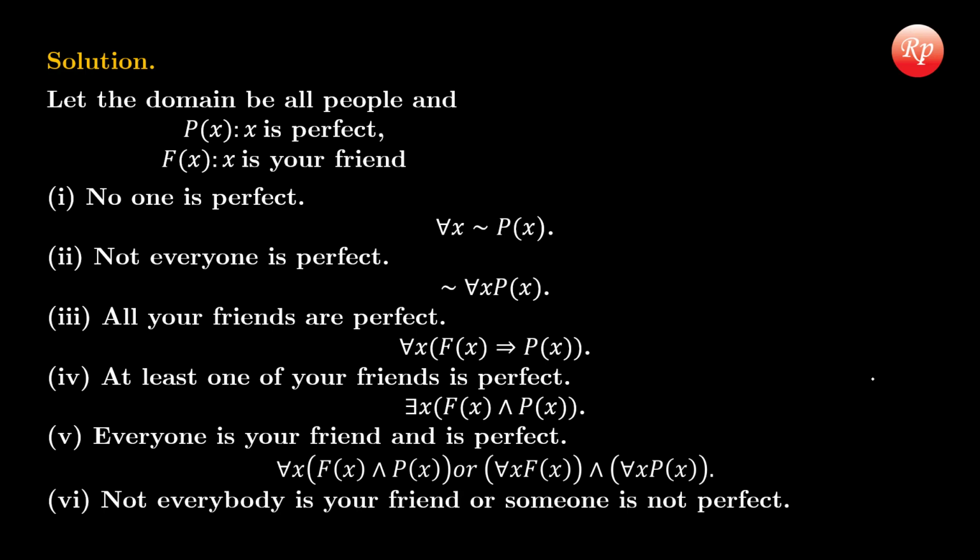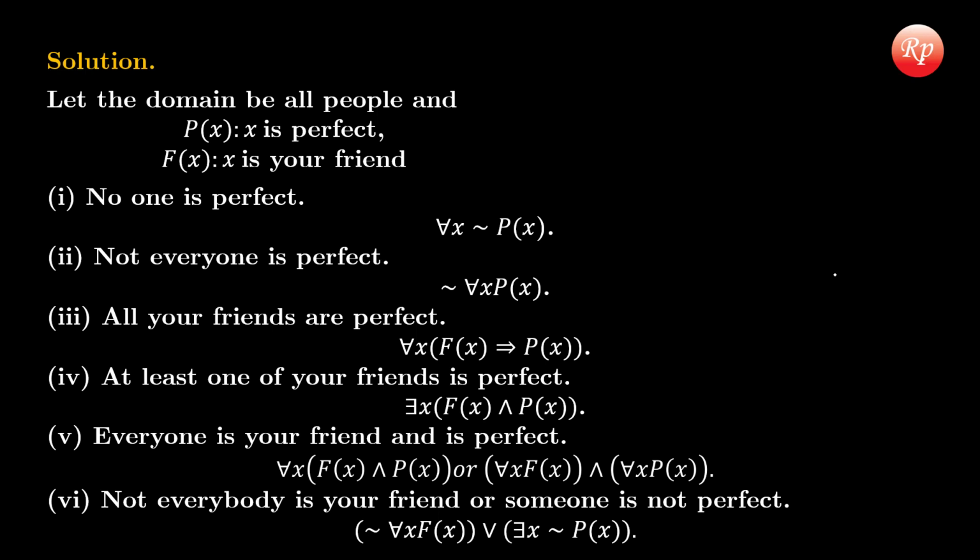And last one, not everybody is your friend or someone is not perfect. So not everybody is your friend is like this, not for all x Fx. So not everyone is your friend, or there exists some person x who is not perfect. So this is the way of writing this statement.